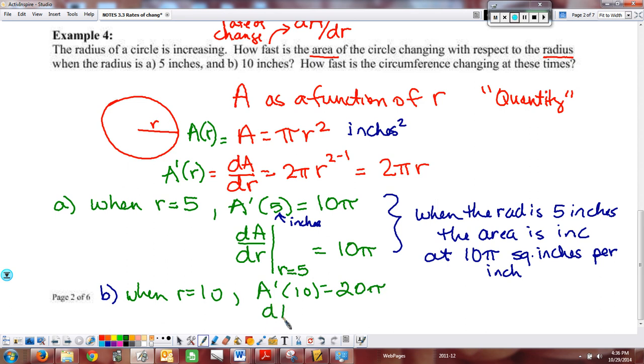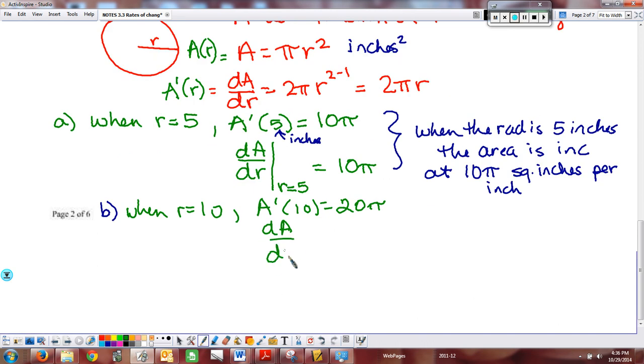And another way, if I use the Leibniz notation, my dA/dr evaluated when r equals 5 would be 20 pi.